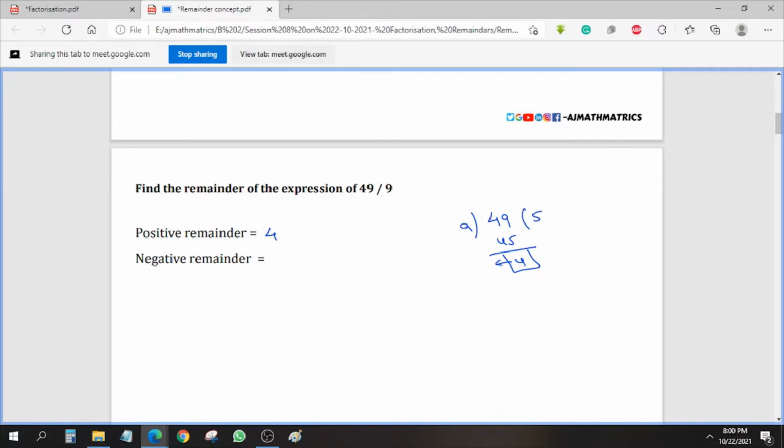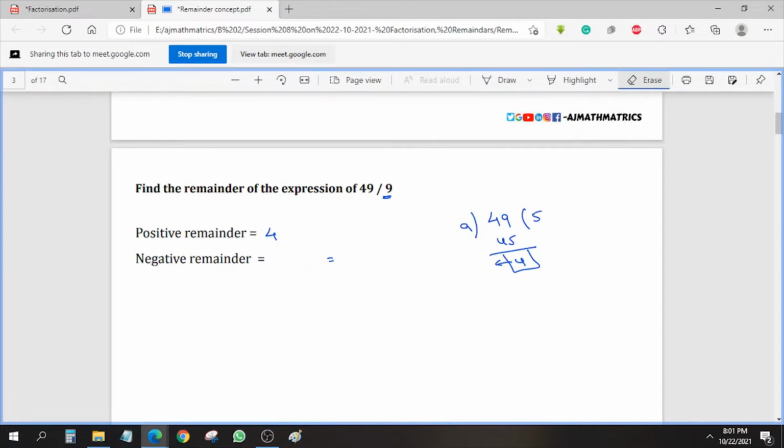To find out the negative remainder, take the value positive remainder minus divisor, which is equal to the negative remainder.